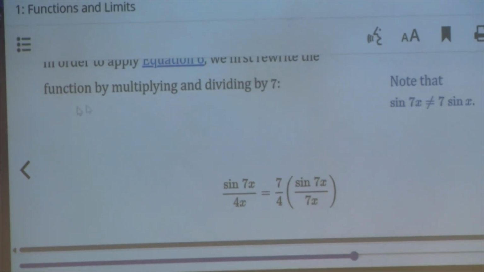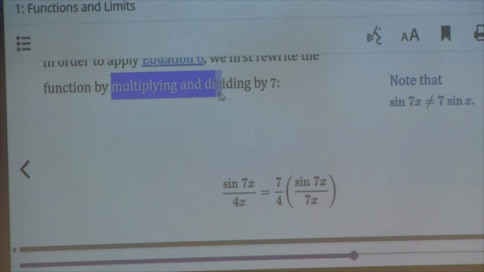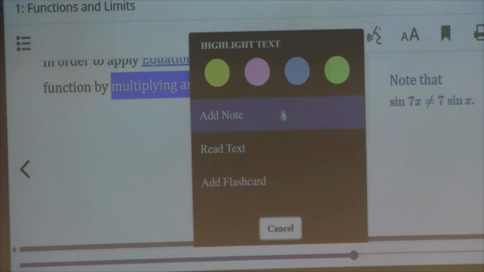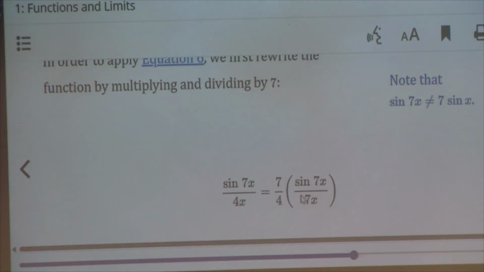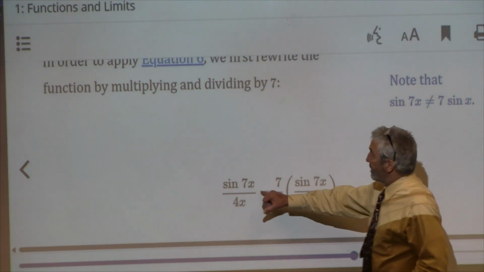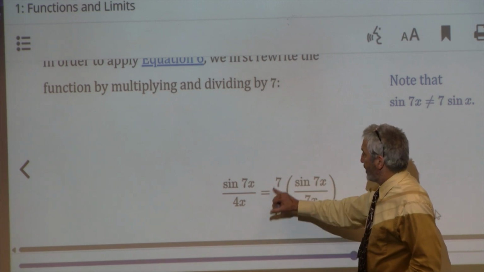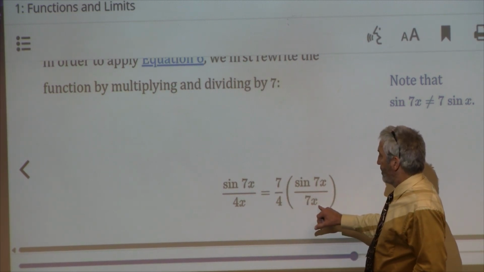Now, if you look at this, the trick is to multiply and divide by 7. So there's the dividing by 7. Oops, sorry. So you multiply it and divide it by 7. It's a trick. So this expression is the same as this expression.